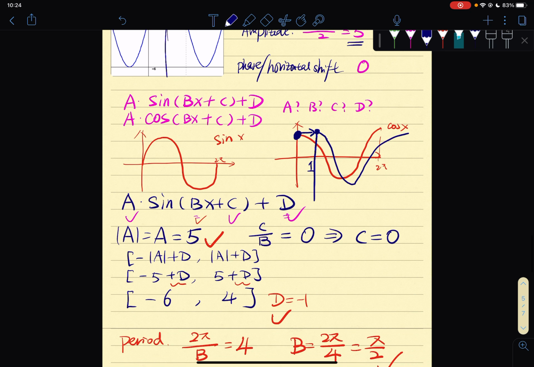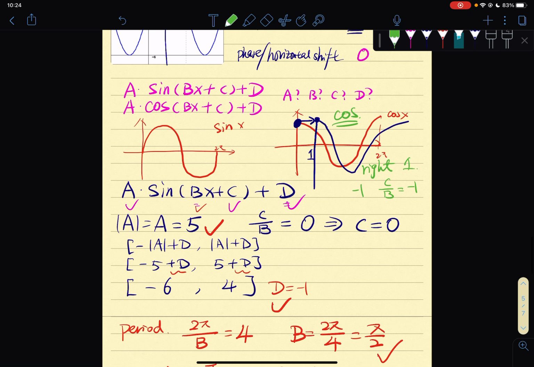So your horizontal shifting, if you were to discuss it as a cosine function, is you are going to shift towards the right by 1. And what exactly is shift towards the right by 1? It means the value is -1. So c over b is supposed to be -1 if you were to use a cosine function.